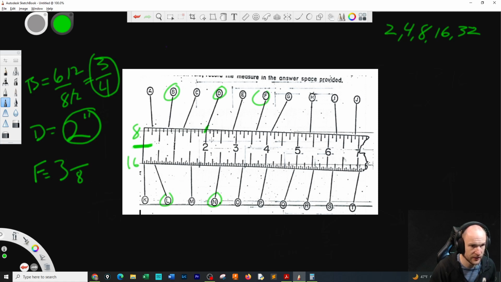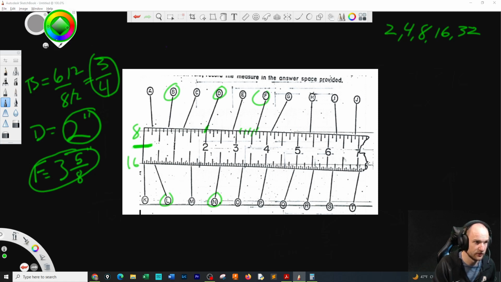So I put over 8 and then I got to count. 1, 2, 3, 4, 5. So it is 3 and 5/8 inches. We got one of the appropriate numbers on the bottom. We got the 5 on the top. That is an odd number. That's good. So this is the final answer for F.